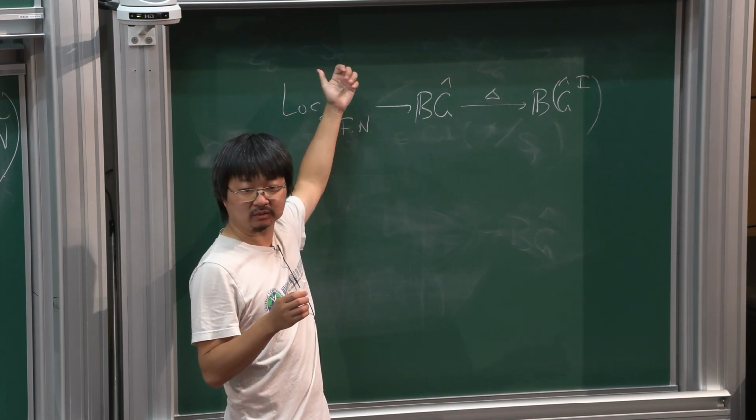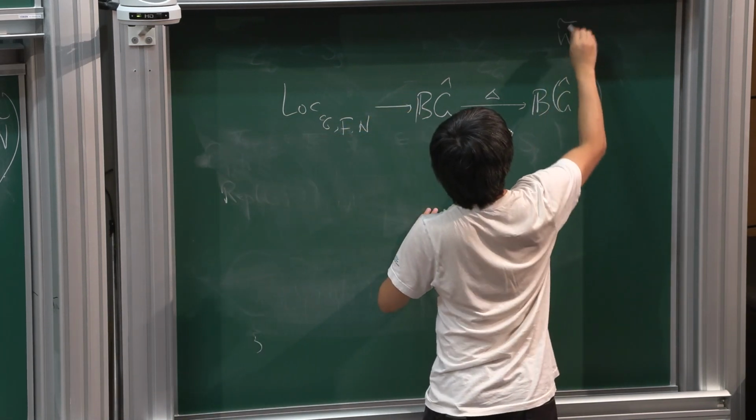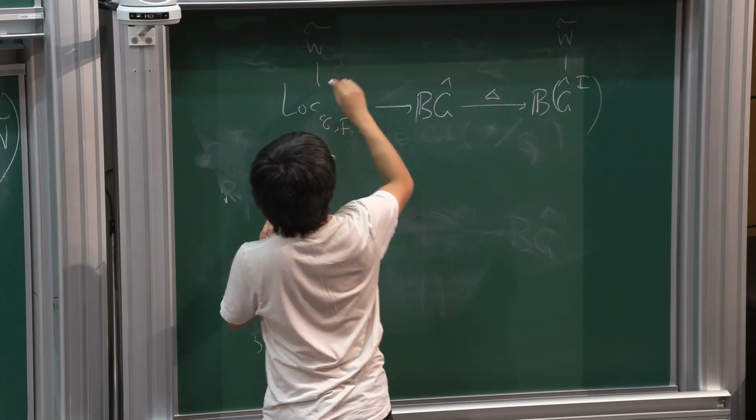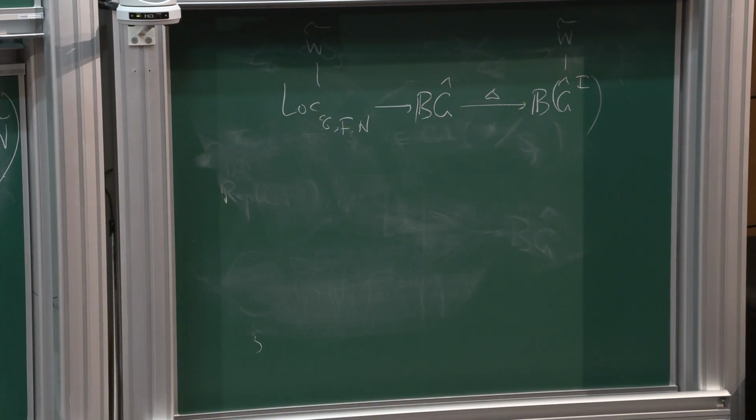I get a vector bundle on here. That's my W tilde.